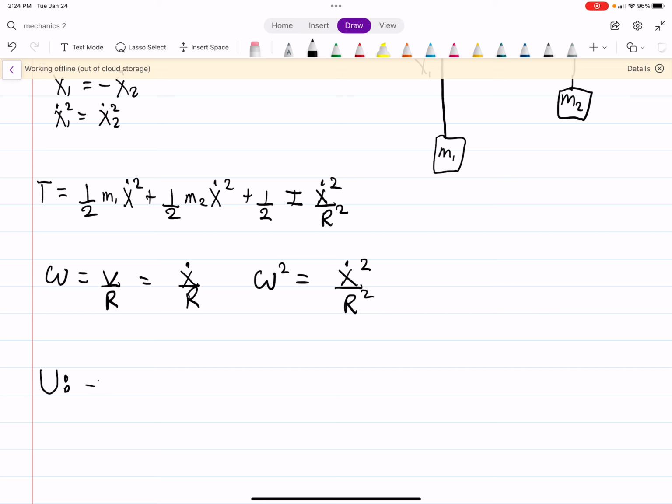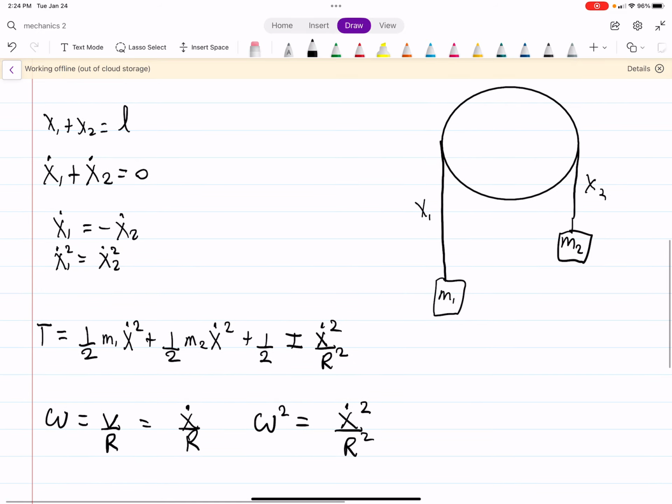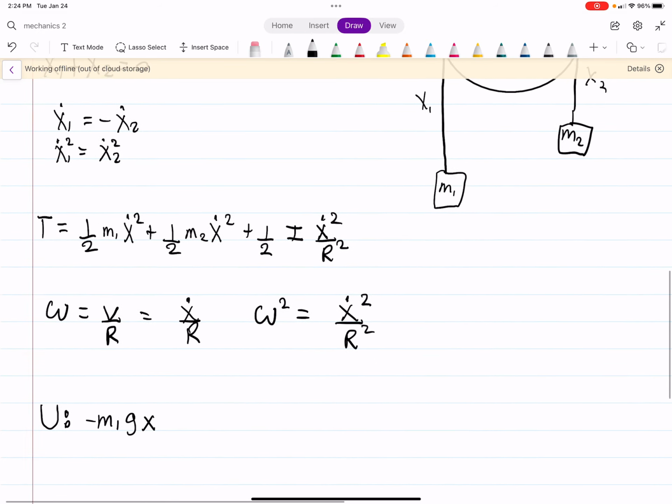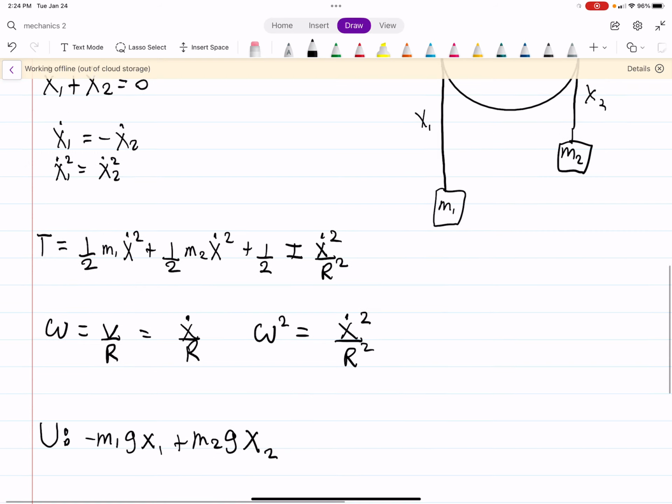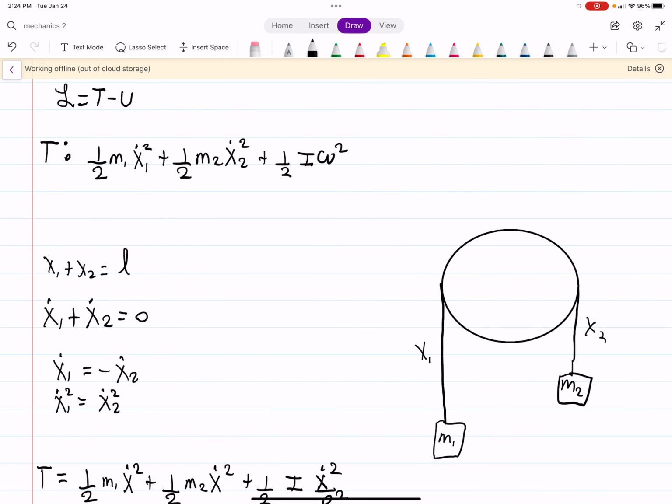So we have minus m1 g x, again, we're just saying, call it x1, and then plus m2 g x2.